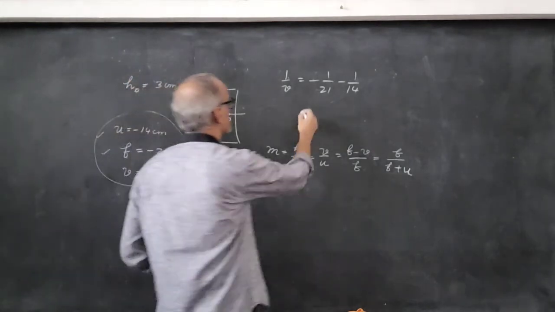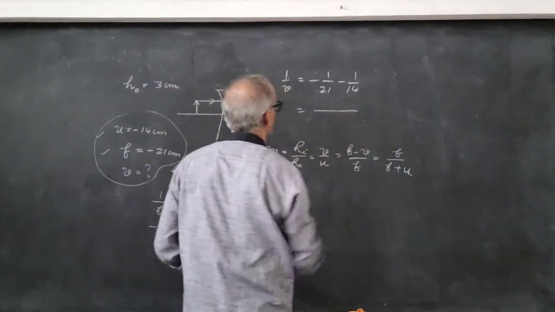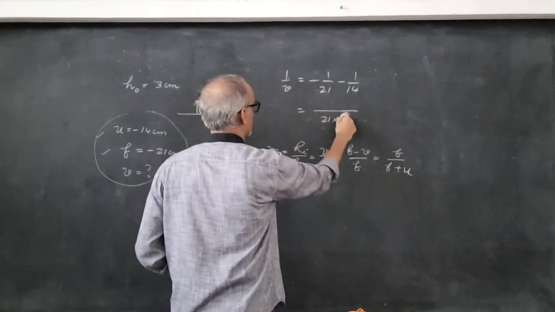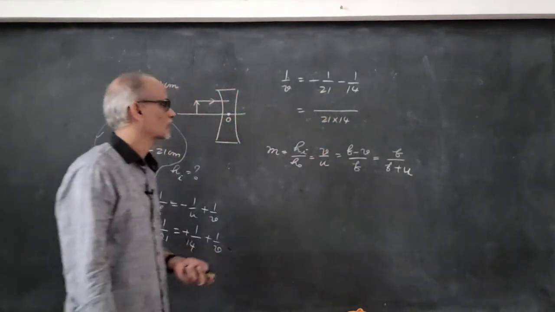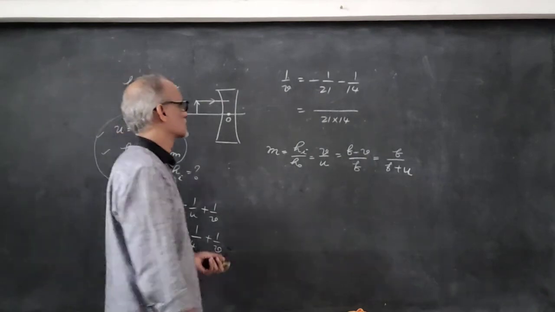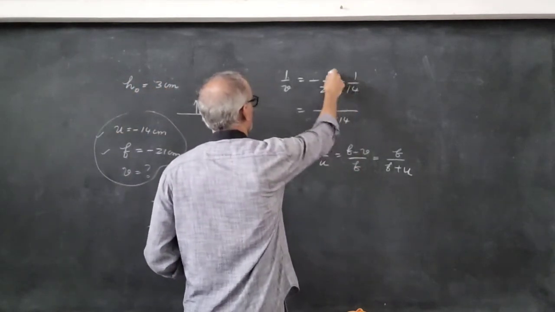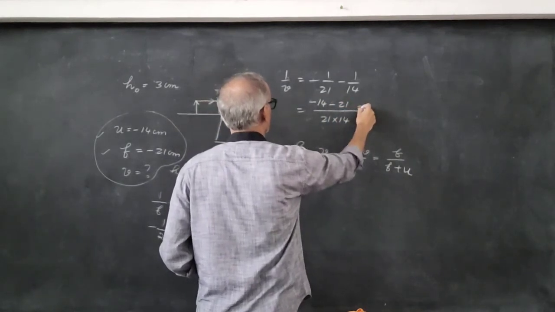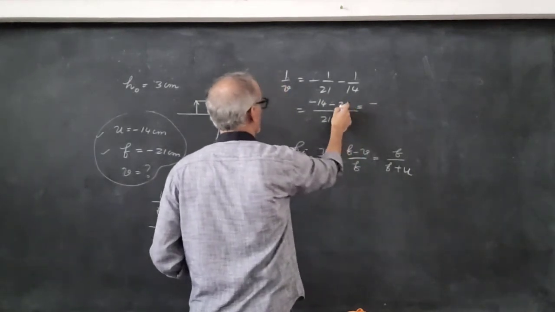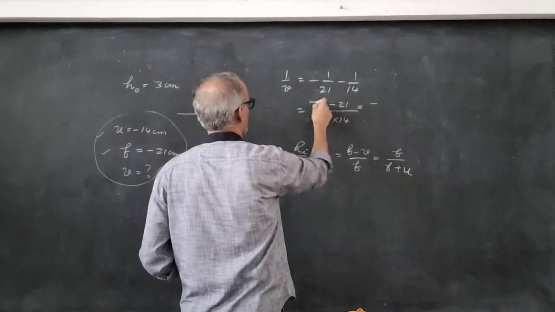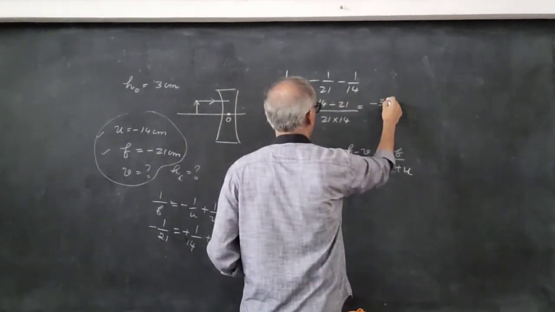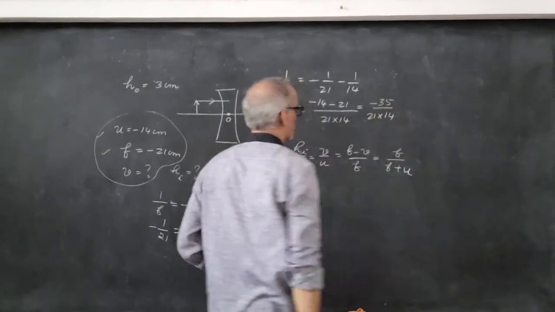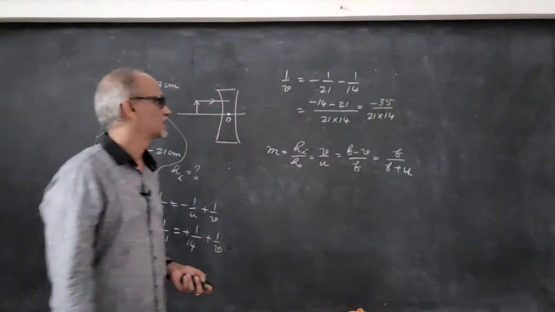Taking the common denominator 21 into 14, we get minus 14 and minus 21, which is minus 35, over 21 into 14. It is a multiple of 7.